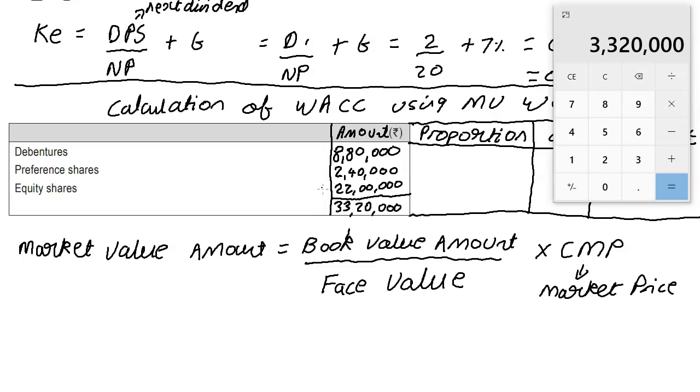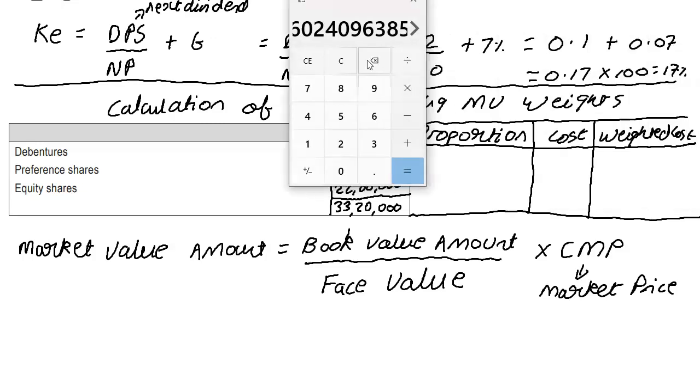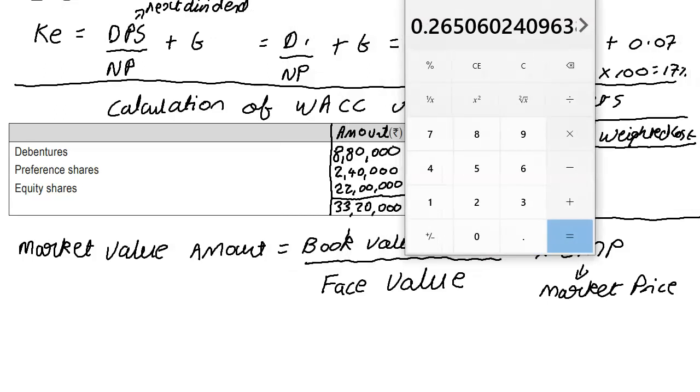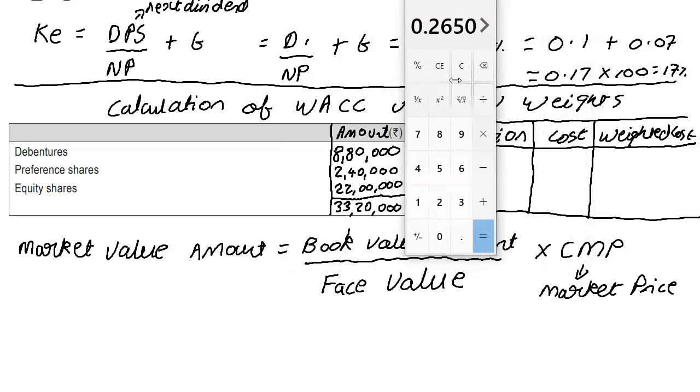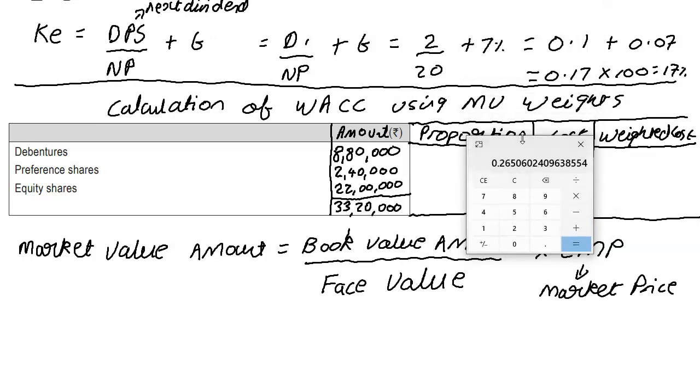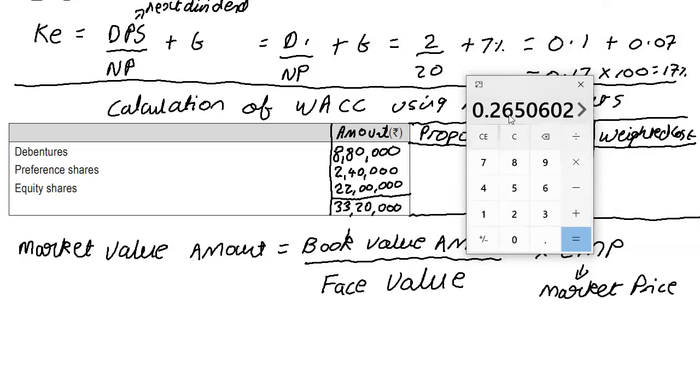Okay, and since they are not so straightforward, I too shall use a calculator. 8,80,000 upon 33,20,000 gives me 0.2650.